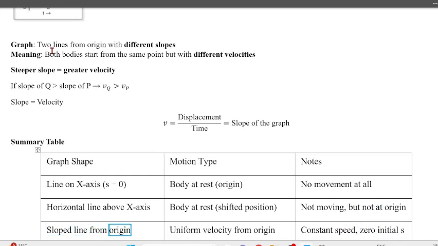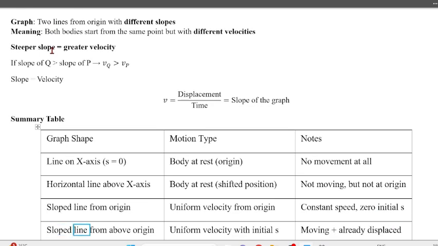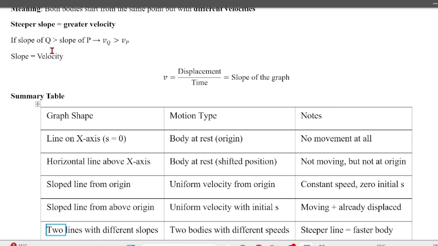Sloped line from the origin: uniform velocity from the origin, constant speed, initial S = 0. Sloped line from above the origin: uniform velocity with initial S. Moving plus already displaced: two lines with different slopes mean two bodies with different speeds. A steeper line equals a faster body.